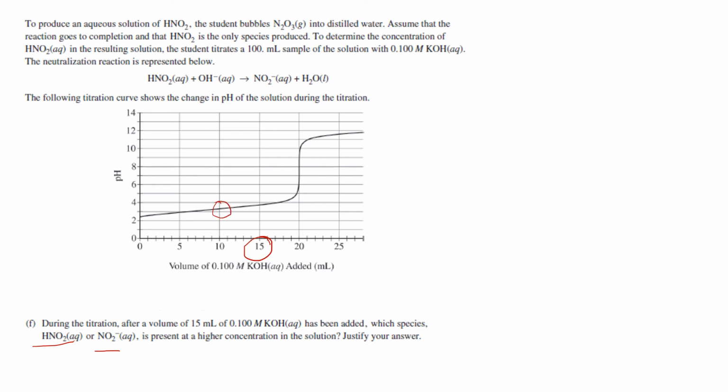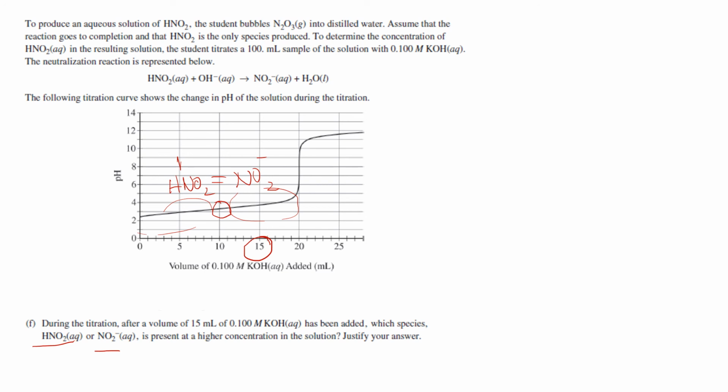Our midpoint is where the concentration of my acid is going to be equal to the concentration of my conjugate base. So if I'm beyond that point, here the pH is in a lower region, this is more present. Here now I'm starting, this is going to be greater than this.